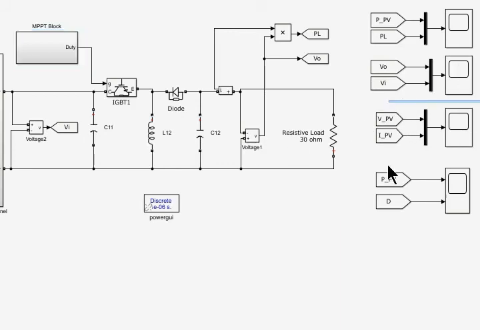This one is the PV voltage and PV current, and the last thing we are plotting is the output power of a PV with respect to D, so by increasing or decreasing it, what will be the effect on the PV module. So let's see the simulations here.